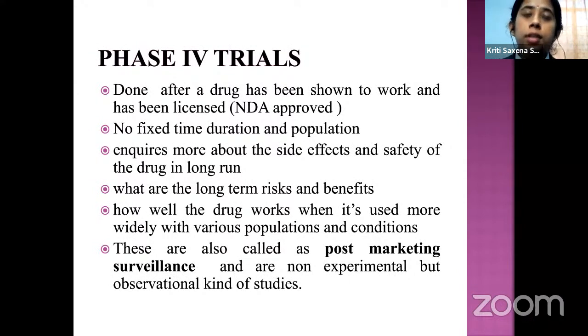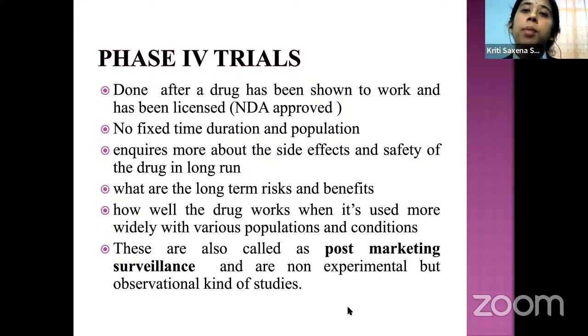The record of the sales is maintained very well, so that if we have to withdraw the drug or we have some safety indications, we will be able to inform our consumers about the harms or the benefits. The time and duration of phase 4 trials has not been fixed. For example, the population size for phase 1, 2, and 3 is fixed, but for phase 4, it can reach up to several thousand patients.